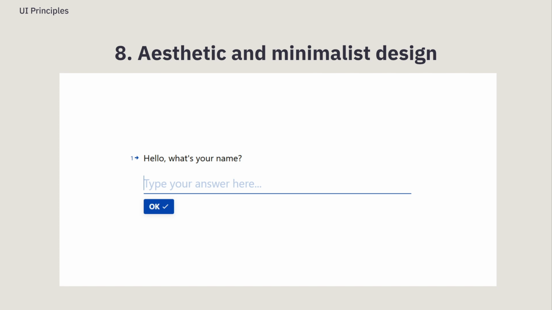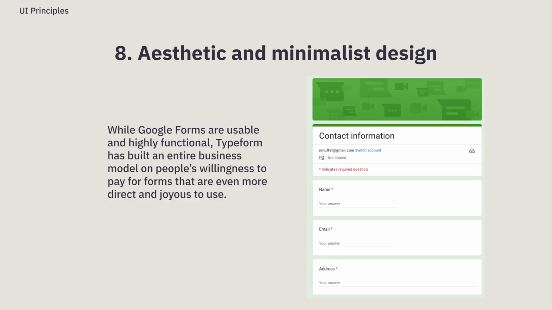So in this example, this is a screenshot from Typeform, which is a survey or form filling software. And we can compare that against Google Forms, which works perfectly well. But because Typeform is so joyous and aesthetically pleasing to use, they've been able to build an entire business model around it.